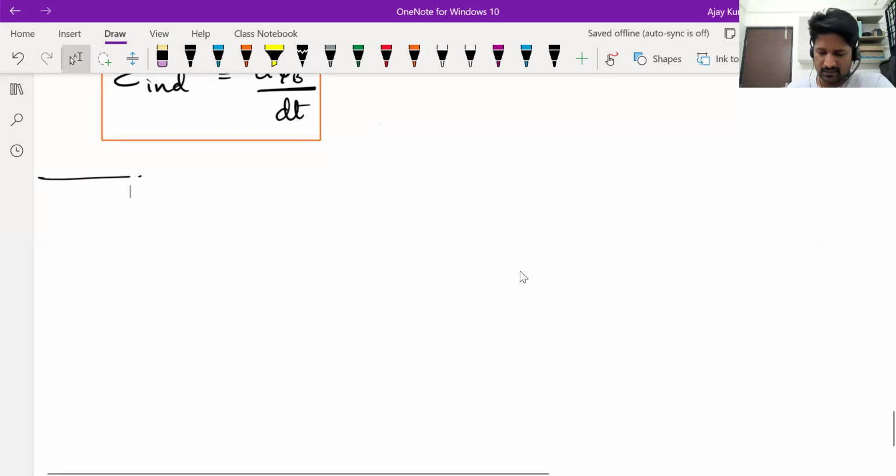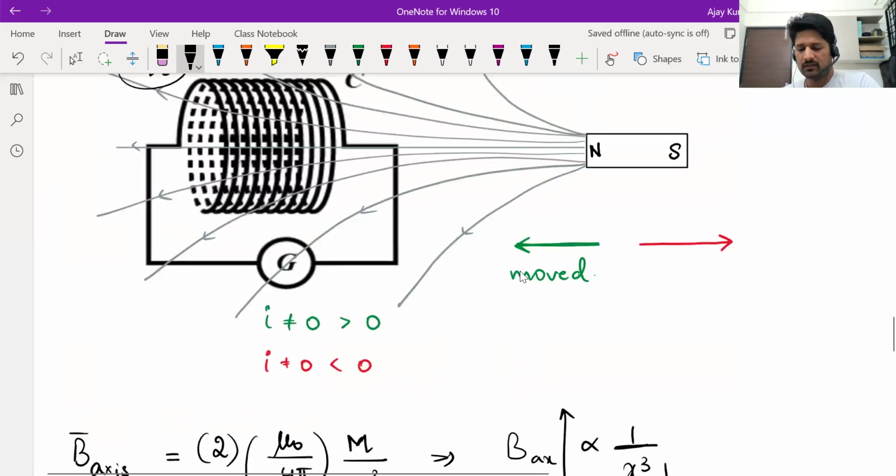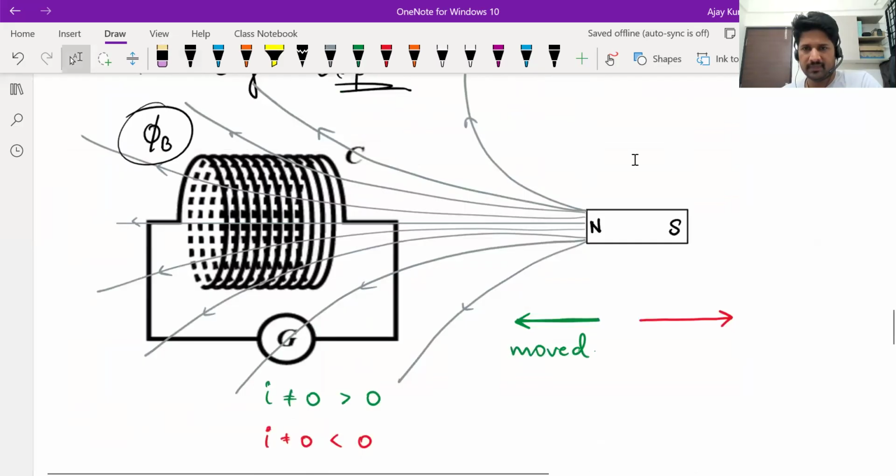Next, there was another scientist, Lenz, who performed these experiments over and over, and he discovered something else. He worked on the direction of current flow. When there is relative motion between the magnet and the coil, there is EMF induced, there is current flowing.